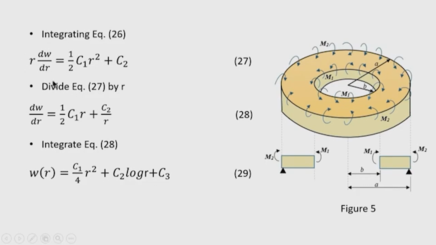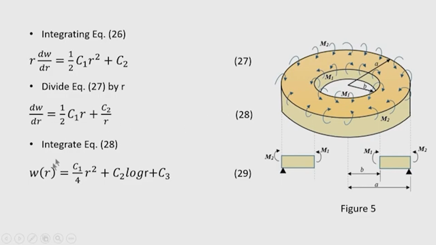Then, to obtain w, again a trick has to be applied: we divide both sides of the equation by r. So, dividing both sides by r, we get dw by dr equal to half C1 r plus C2 by r. Now, integrate equation 28. After integrating, we arrive at the desired expression of w.